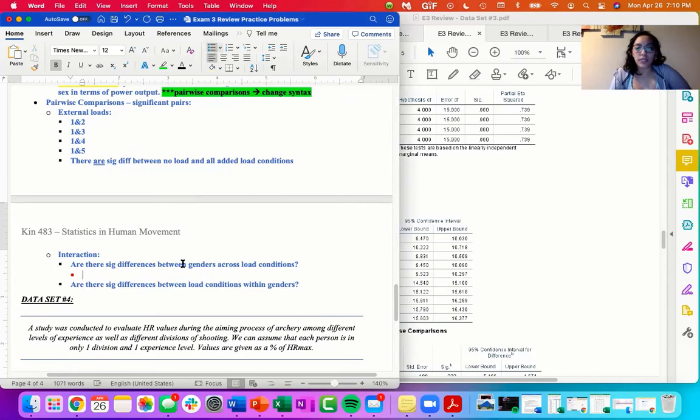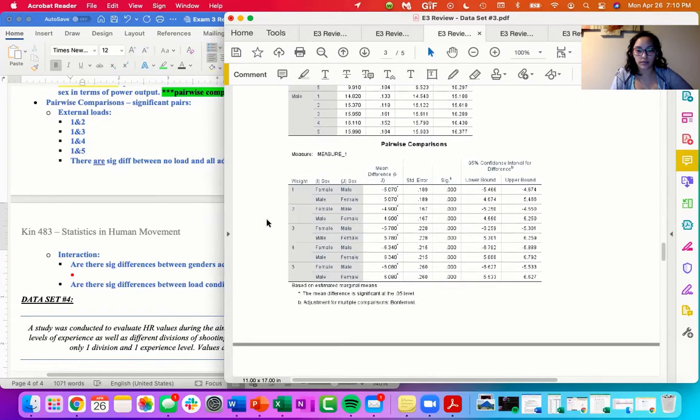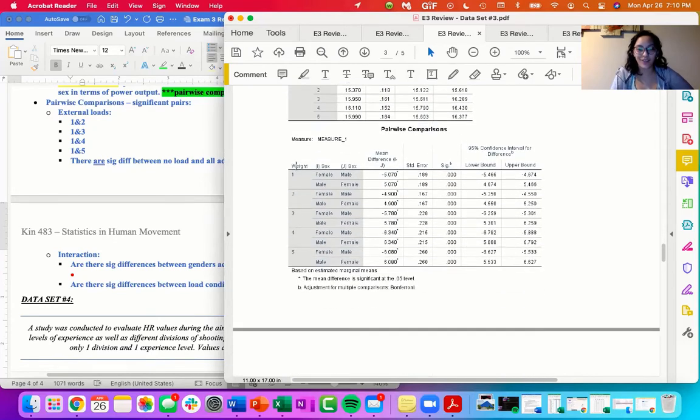But the between part should be the second column. Across should be the first column. So in this one, the first column is male and female. The second column is weight. Oh wait, just kidding.